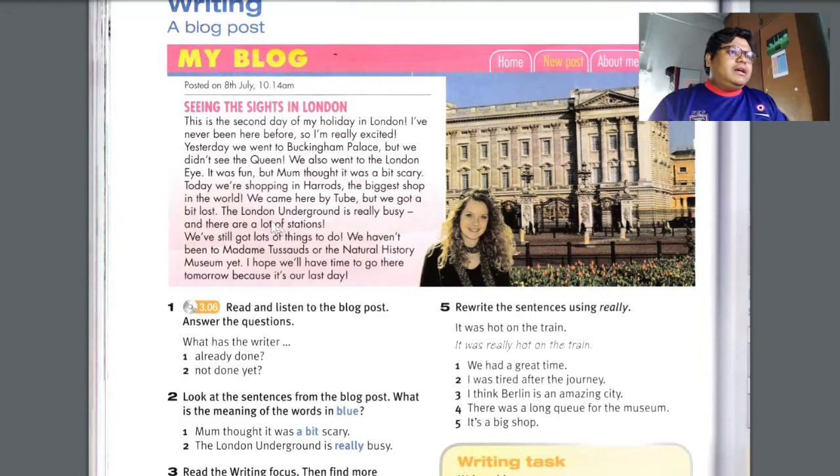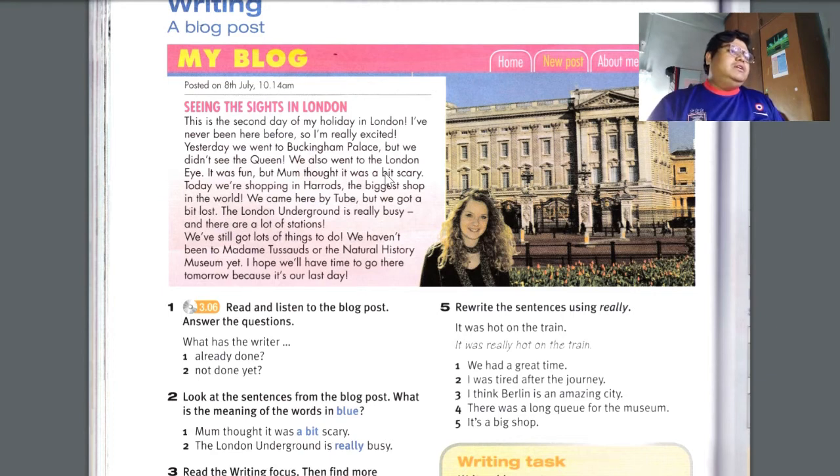Okay. Kalau kita tukar a bit contohnya, but mom thought it was a bit scary, sedangkan it was fun. Okay, so kalau kita buang a bit dekat situ, maksudnya mak dia memang takut, memang betul-betul takut terhadap to take a ride in the London Eye.